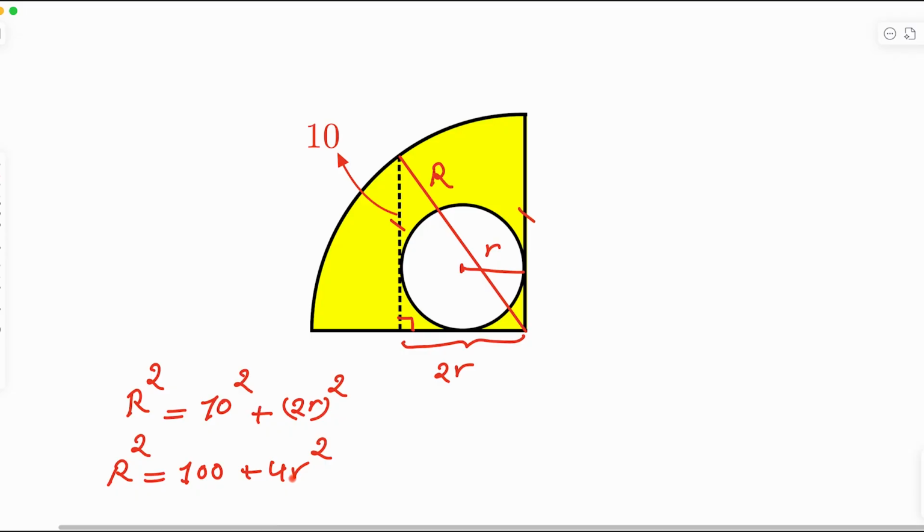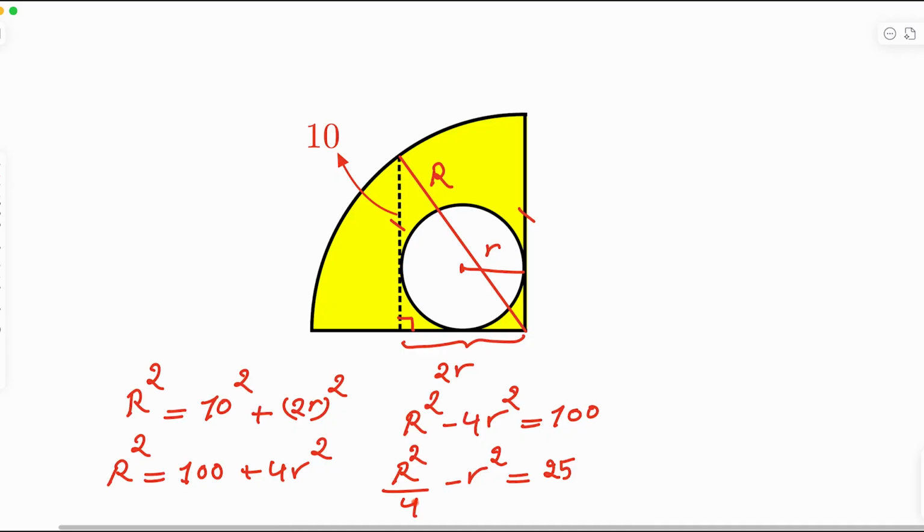If we subtract 4 r squared from both sides, we get R squared minus 4 r squared is equal to 100. And if we divide both sides by 4, we get R squared over 4 minus r squared, which is equal to 25.